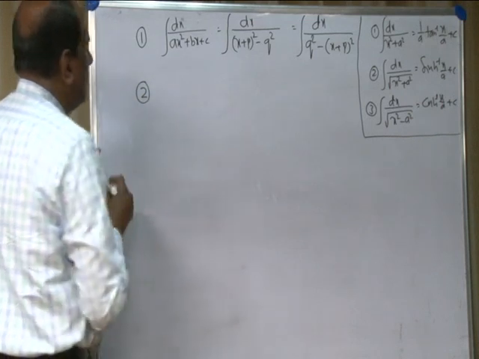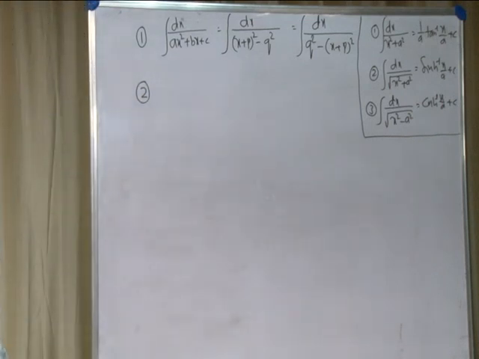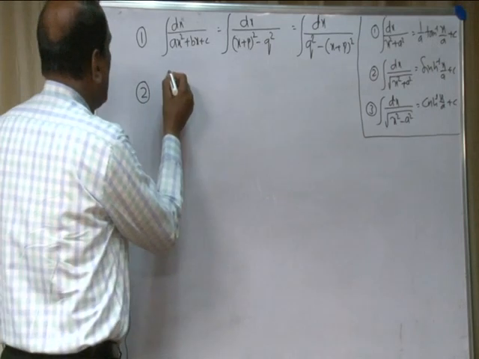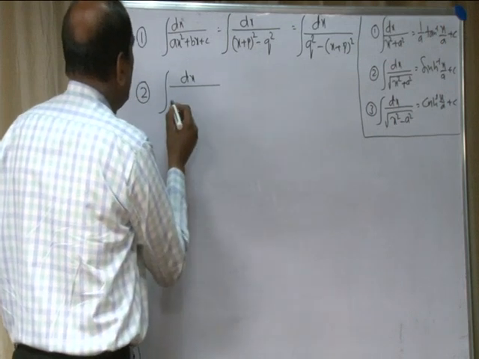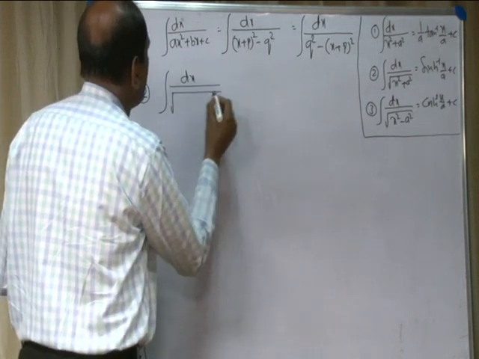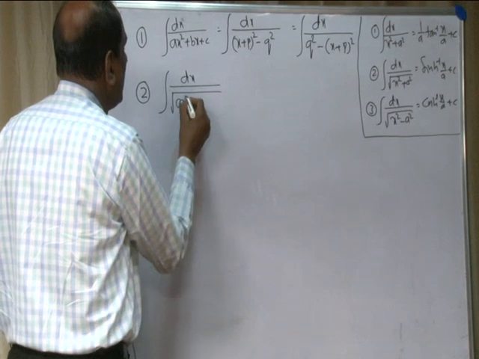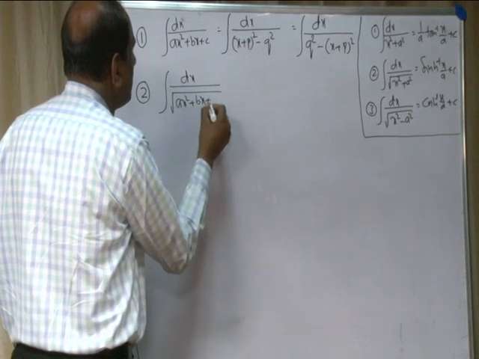What is the standard form of the second integral? See here, almost the same, with the denominator under the root sign, that is integration of dx divided by root of ax square plus bx plus c.